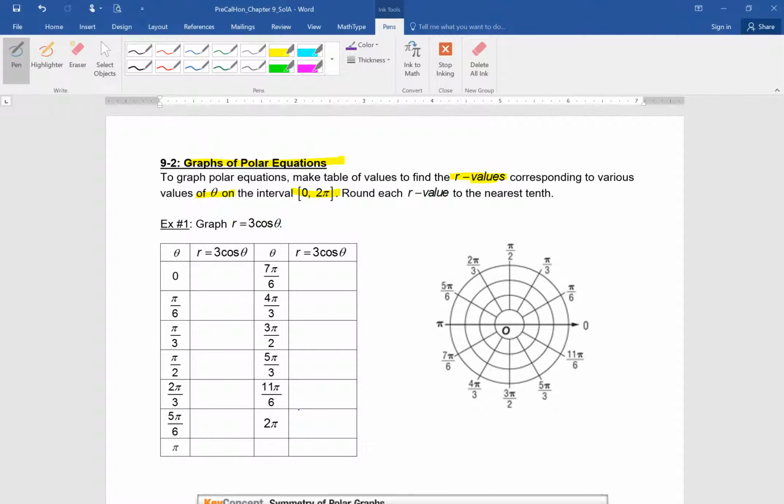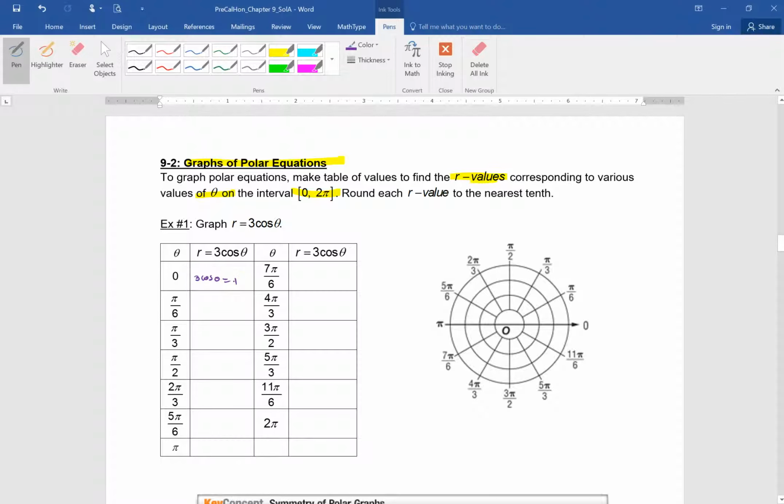The first one, 3 times cosine of 0, gives 3, because cosine of 0 is 1.